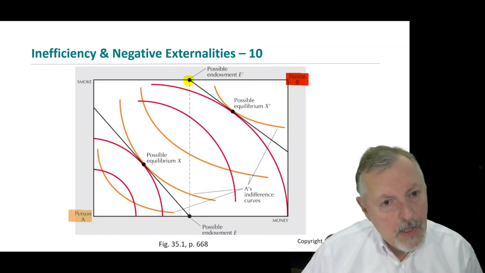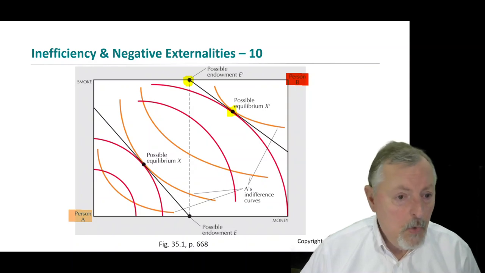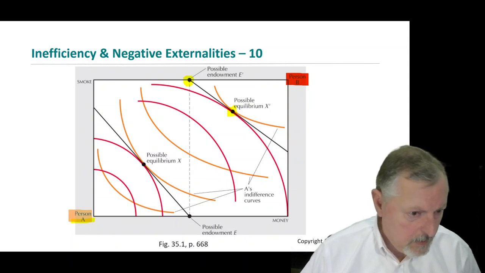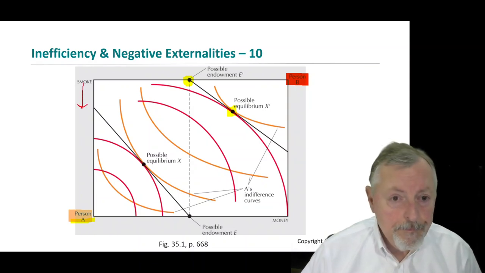Well, this point here is a Pareto optimal trade, where person A would give up about that much smoke and gain that much money.